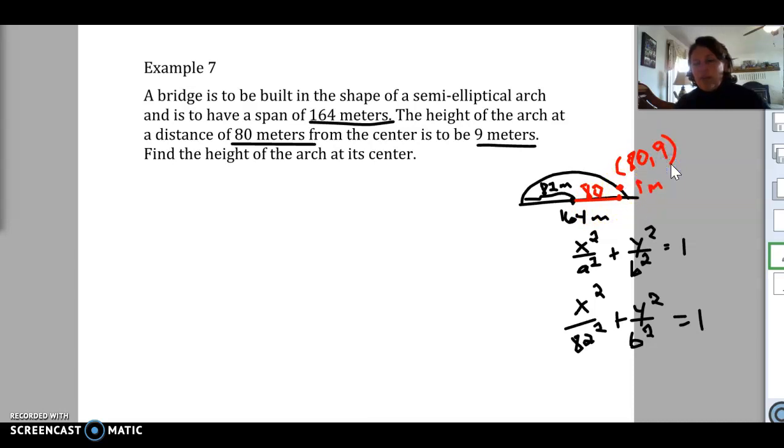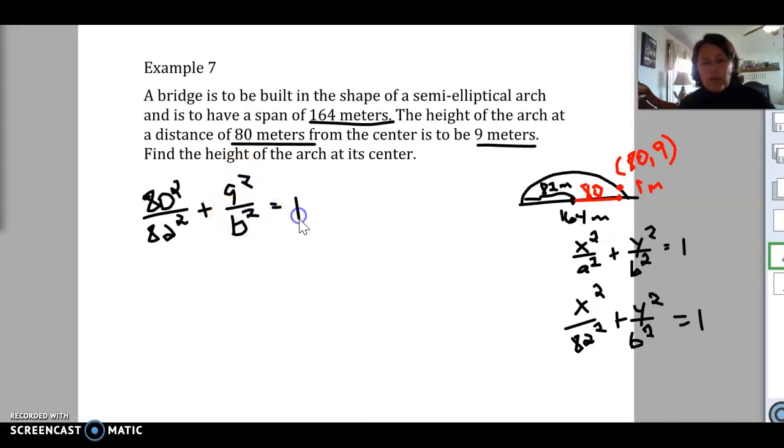So now they give us a point, so we can plug that back into our equation and solve for b squared. So x is going to be 80, so 80 squared over 82 squared, plus y, which is 9 squared over b squared, equals 1. So we're going to need to solve for b squared, so subtract 80 squared over 82 squared from both sides.